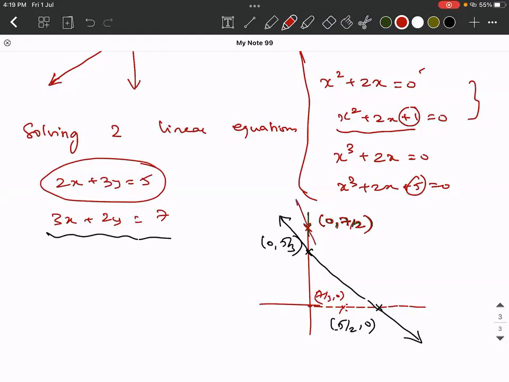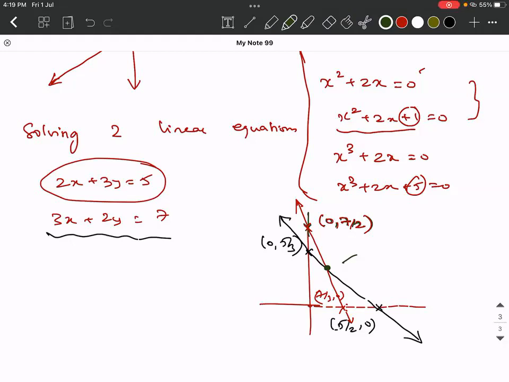So when you join these two lines, what is happening to them? They are intersecting at a point. So when I ask you to solve those two equations, you're actually finding the point of intersection of these two lines. Now you're able to understand why you learn graphical representation. If I ask you for a solution which satisfies both equations, it means the point of intersection.